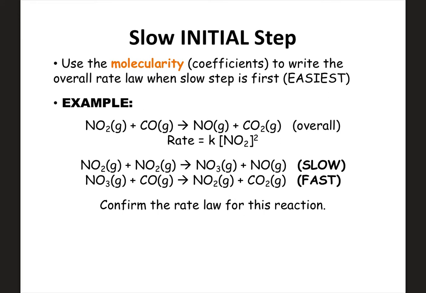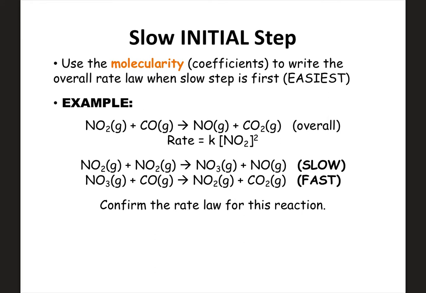Let's look at an example here. Here's my overall reaction. And the rate law is determined from experimentation to be rate equals K times the concentration of NO2 squared. That's what it's determined to be via experimentation.